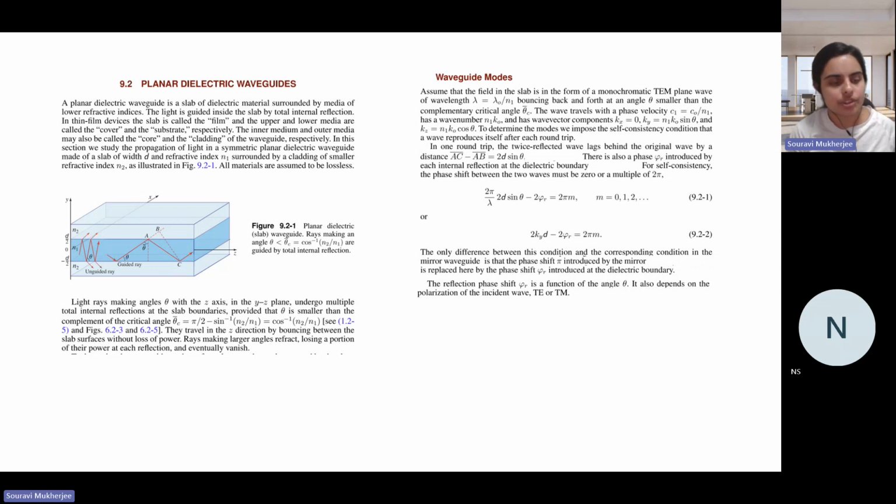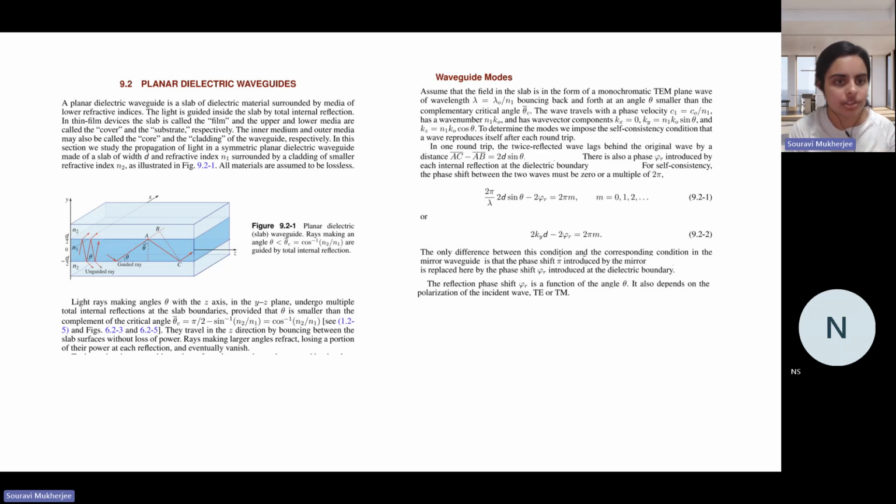So when you have some reflection from one medium to another, a part of the wave would get reflected, part of it will get transmitted, and that comes from the reflection coefficients. And your reflection coefficients in general can be complex, right? So the wave can attain some extra phase as it gets reflected or transmitted.